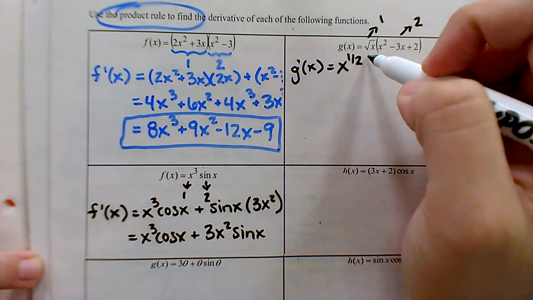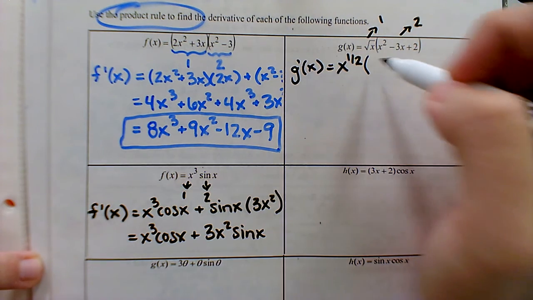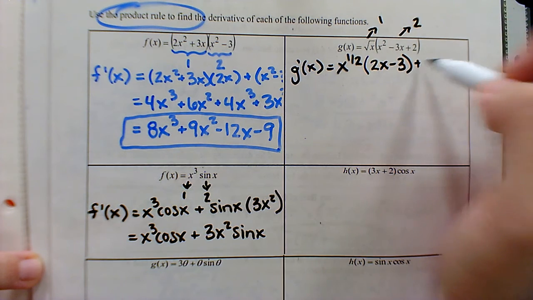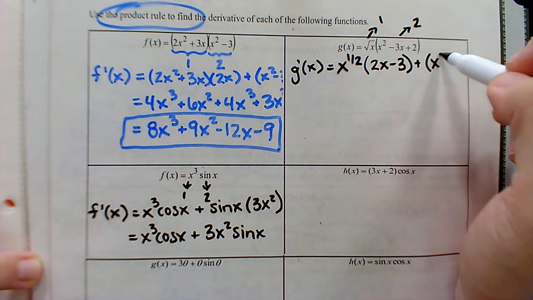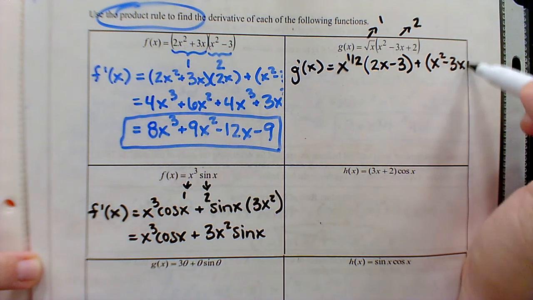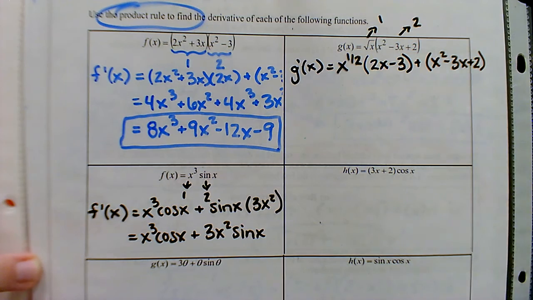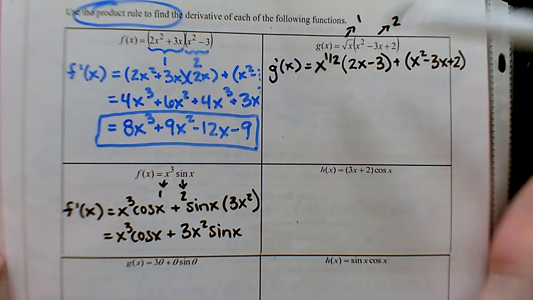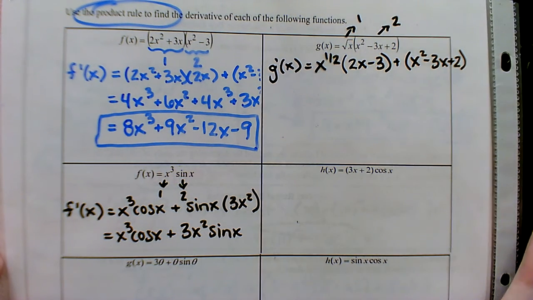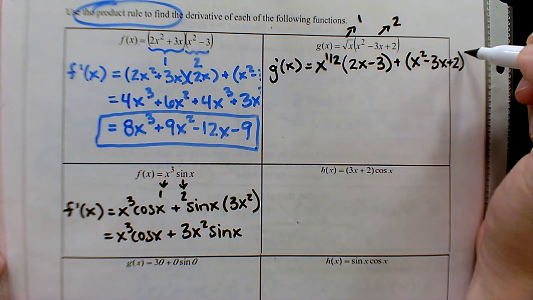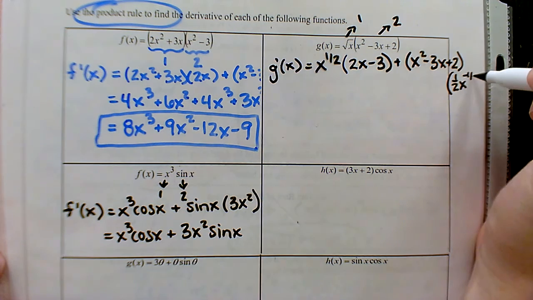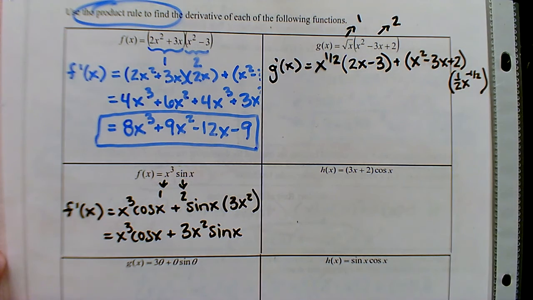Okay, so there's 1, and then we got to multiply that by d2 plus 2 times d1. If you rewrite the square root of x as x to the 1/2, you can use your power rule. So that would end up being 1/2 x to the negative 1/2.